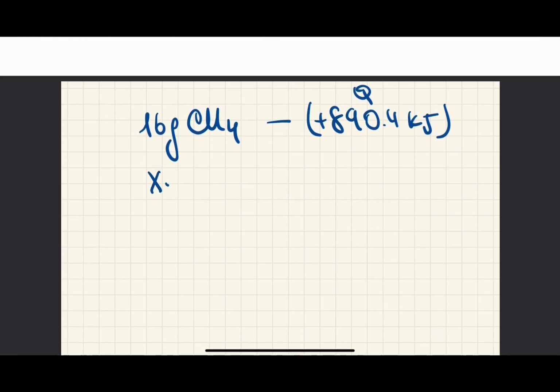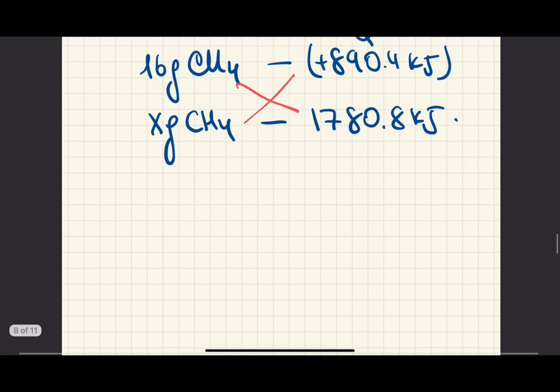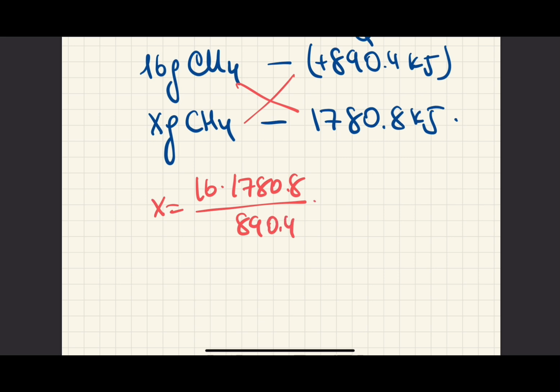It's telling us how many grams of methane will release 1780.8 kilojoule. If you would do cross and cross here, you would get X equals 16 times 1780.8 divided by 890.4, and this will give you 32 grams of methane.